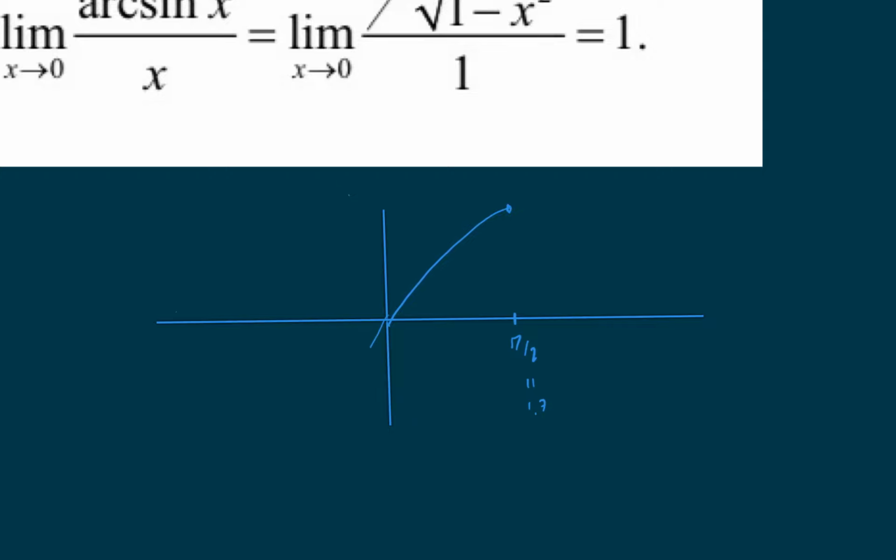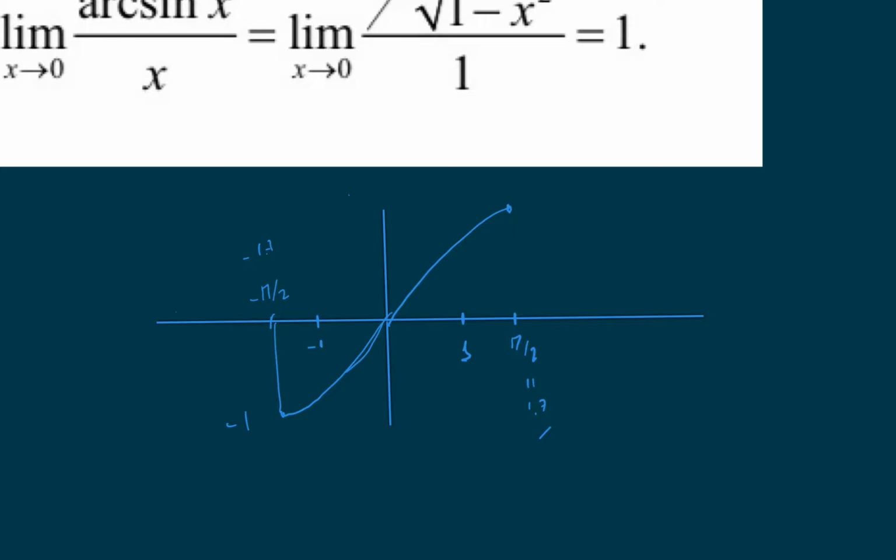And here the function does like this. This is minus pi divided by 2, or minus 1.7, and the value is minus 1. If this is 1.7, it means that 1 is something like here, and minus 1 is something like here.